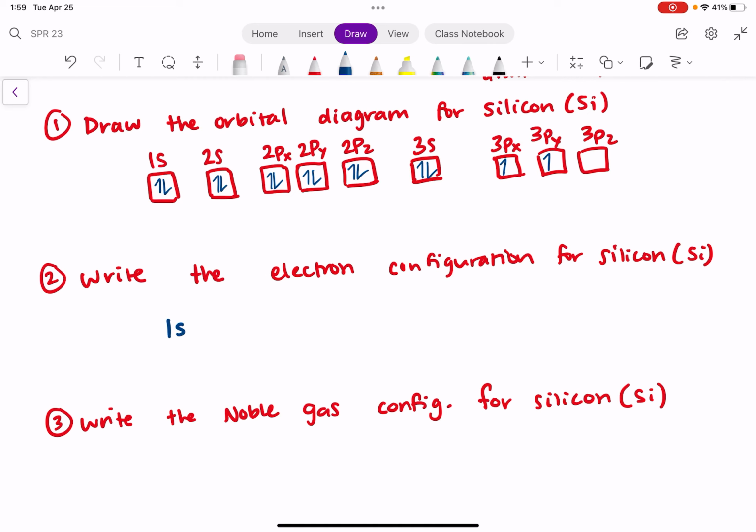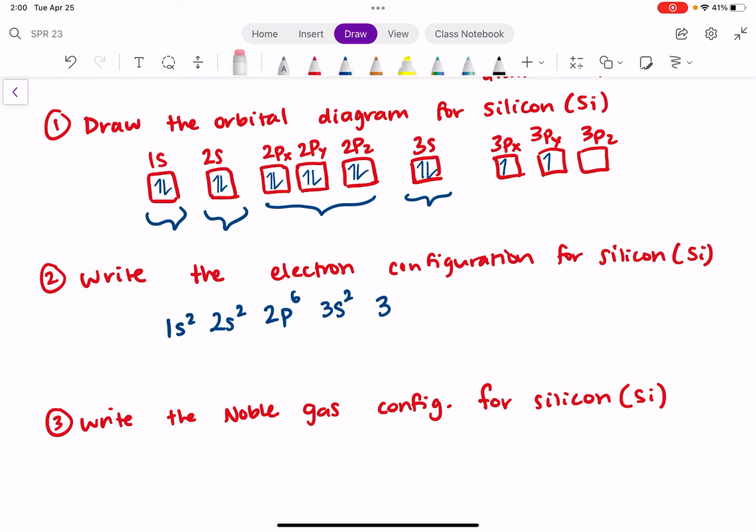So 1s2, right? That's this here. 2s2, that's this here. 2p what? Is it 2? Nope. 2p6, right? And then 3s what? 3s2, because there's 2 electrons in there. And then 3p what?